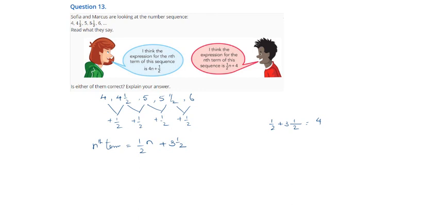We will check that one. 3 by 2 means 1 1 by 2. 1 1 by 2 plus 3 1 by 2 is equal to 5. And this 5 is here. So that means our sequence is working. So if you compare this nth term, here both Sophia and Marcus are wrong.